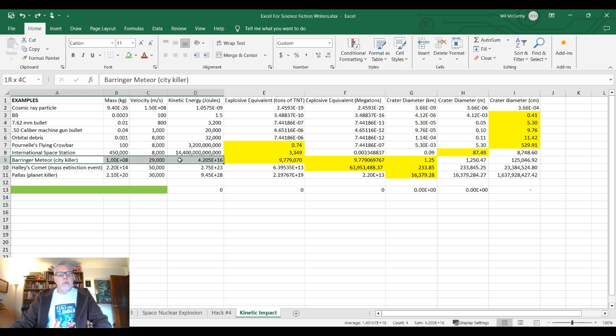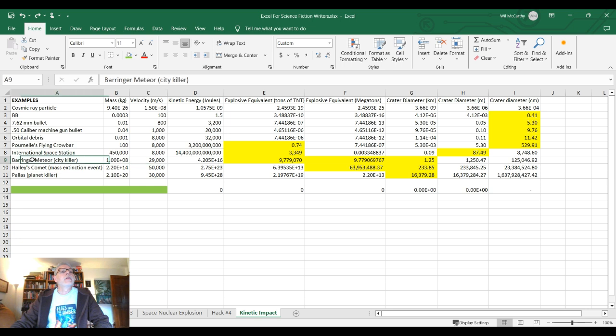Now, for those of you who've seen Meteor Crater in Arizona, that's a crater that is about 1.2 kilometers across, and it was made by a meteor weighing about 1 times 10 to the eighth kilograms, going about 29,000 meters per second.